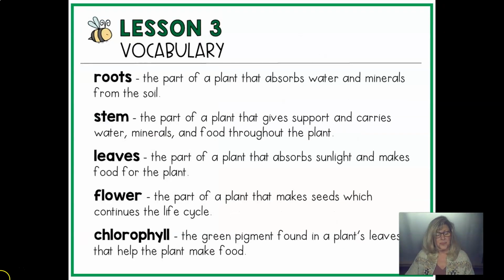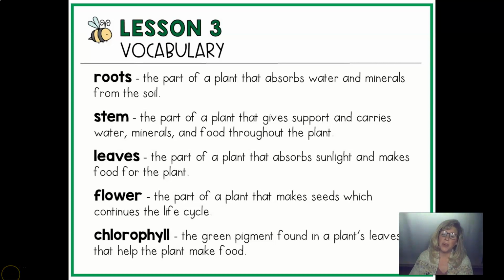Let's go back. So some of the vocabulary that we'll encounter through this would be roots, and that, as you know, would be the part of a plant that absorbs or soaks up water and minerals from the soil. Stem, as you know, is the part of the plant that gives support for and carries water, minerals, and food throughout the plant.